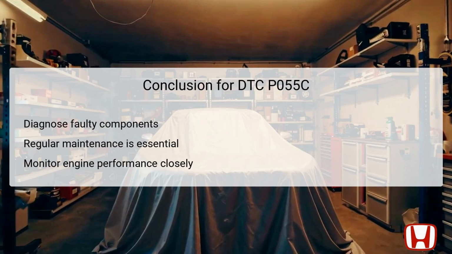In summary, diagnosing DTC P055C, which signifies a low-voltage condition in the rocker arm oil pressure sensor circuit, necessitates systematic troubleshooting procedures. Understanding the core functions of the rocker arm oil pressure sensor and its relationship with the PCM is crucial in identifying the root cause of the issue.